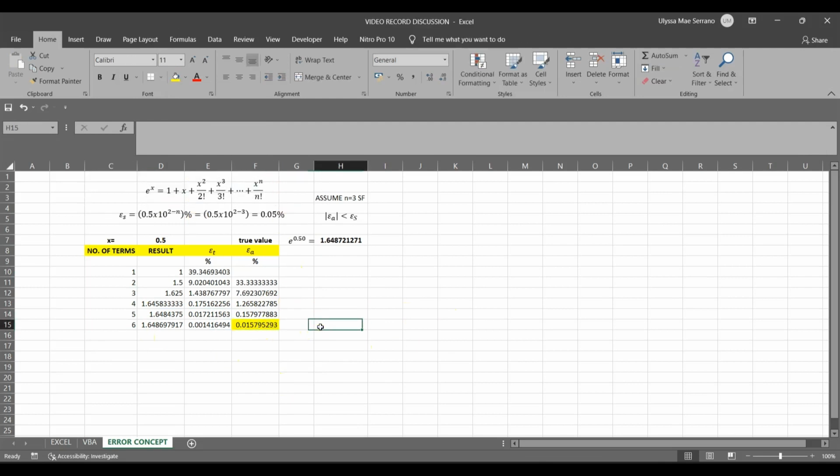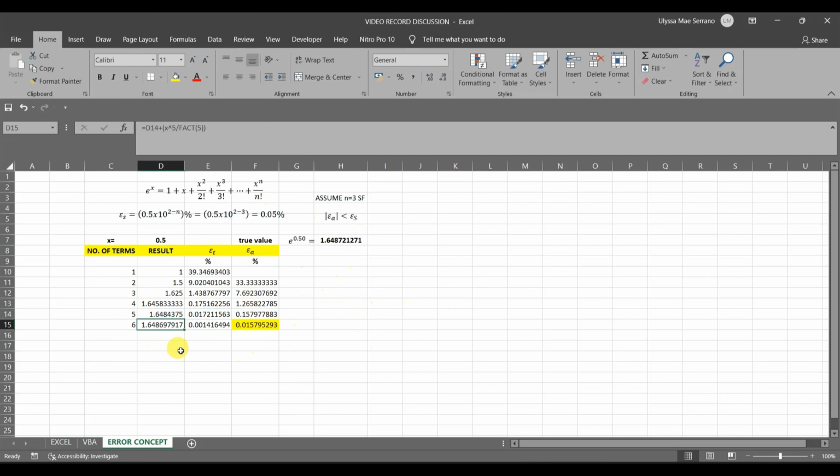So we were able to have approximately 3 significant figures. So magkakaroon tayo ng percent of 0.015%. So less than na tayo sa ating specified acceptable error criterion. So, yun na yung ating value.